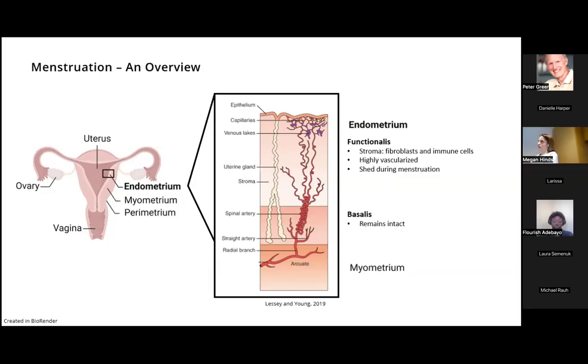This immediate constriction limits blood supply to the tissue, and you get almost like an ischemic state. And then following that constriction, the blood vessels subsequently rupture, and that rupture is what causes the bleeding. And so when you think of that functional layer, it is mostly shed over the course of menstruation. But that initial bleeding is going to be from those ruptured vessels once they dilate after that constriction.